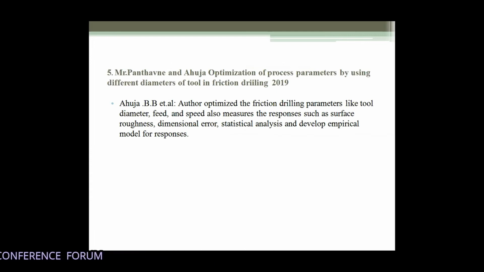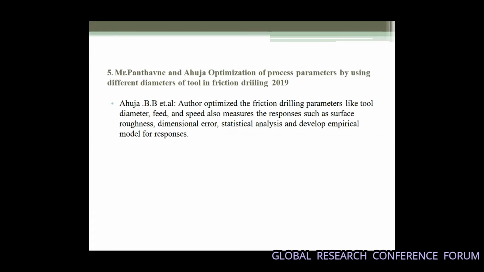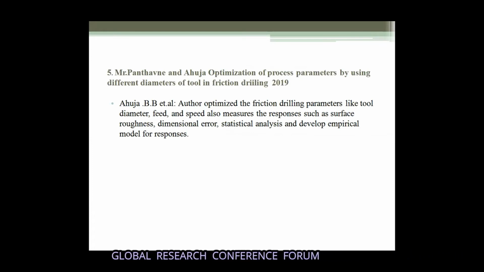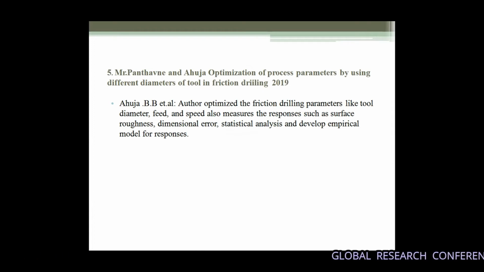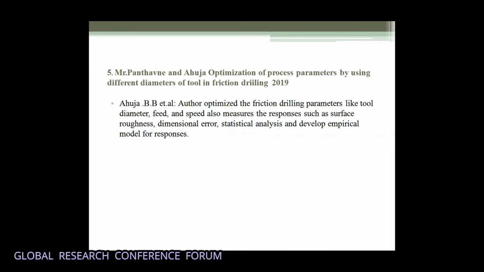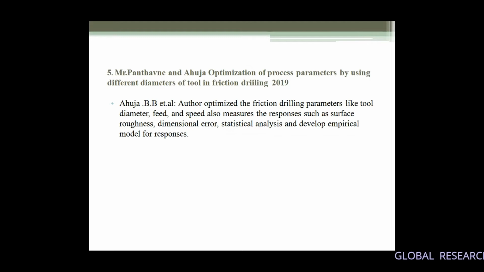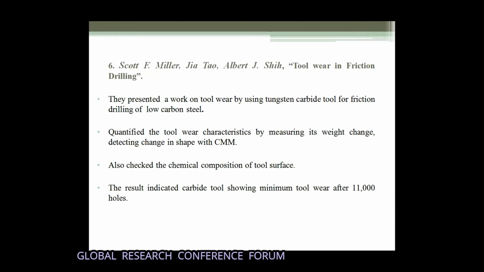So this is another paper that is again based on optimization. In this paper they have selected input parameters like tool diameter, feed, and speed, and accordingly they have checked the responses like dimensional errors, then statistical analysis, and they have developed the empirical model for the responses.